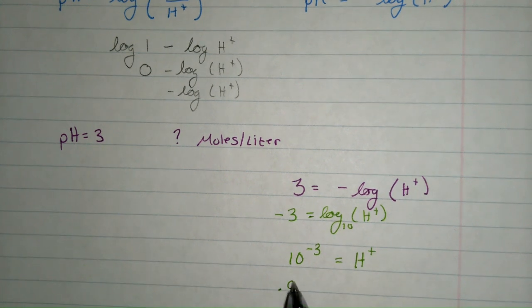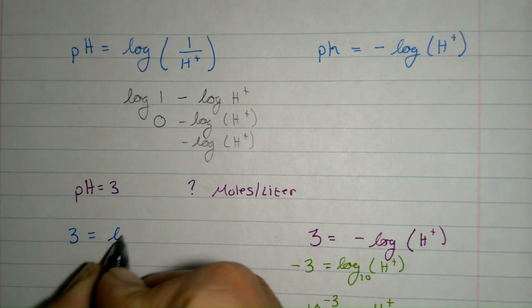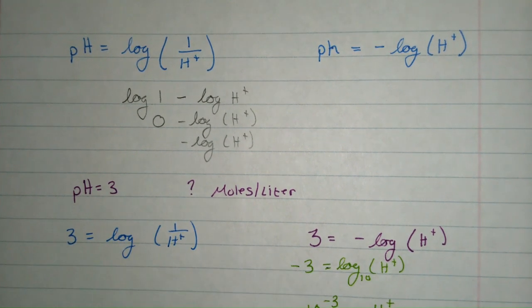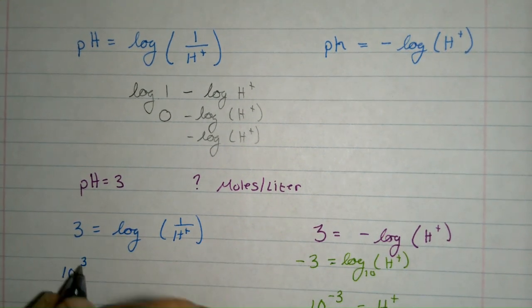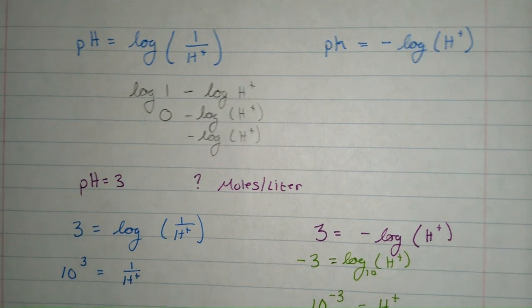or 0.001. Okay, well, what if you had done the other formula? 3 equals log of 1 over H plus. It's ready to be reformatted, so 10 to the third equals 1 over the hydrogen atoms.